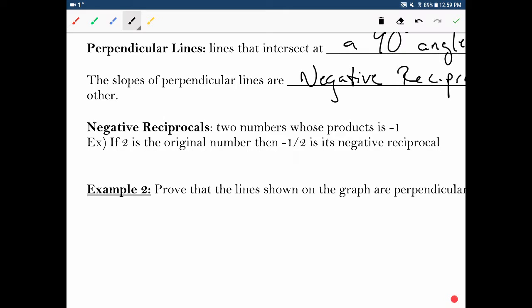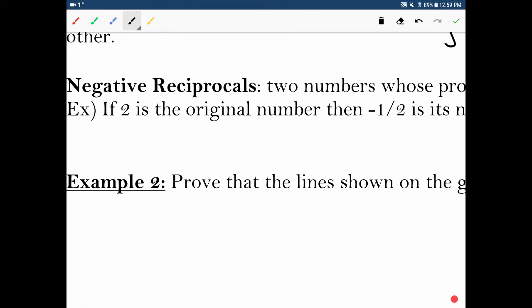Okay. Another way to remember this, and probably an easier way to remember this, is if you have a number, if it's a whole number, okay, so let's say it's a, whatever a is, it's just a whole number, the reciprocal, or the negative reciprocal, well, first of all, the reciprocal part means that it's 1 over a, and these are negative reciprocals, so it's made negative.